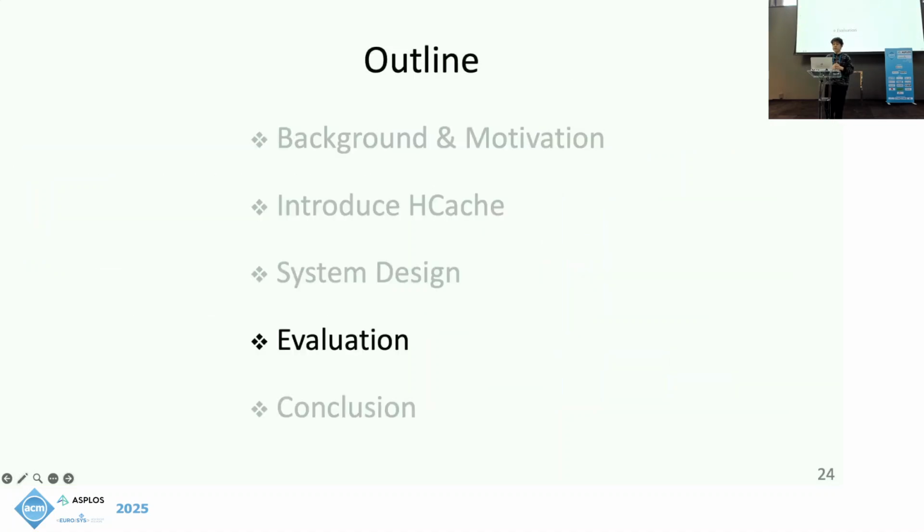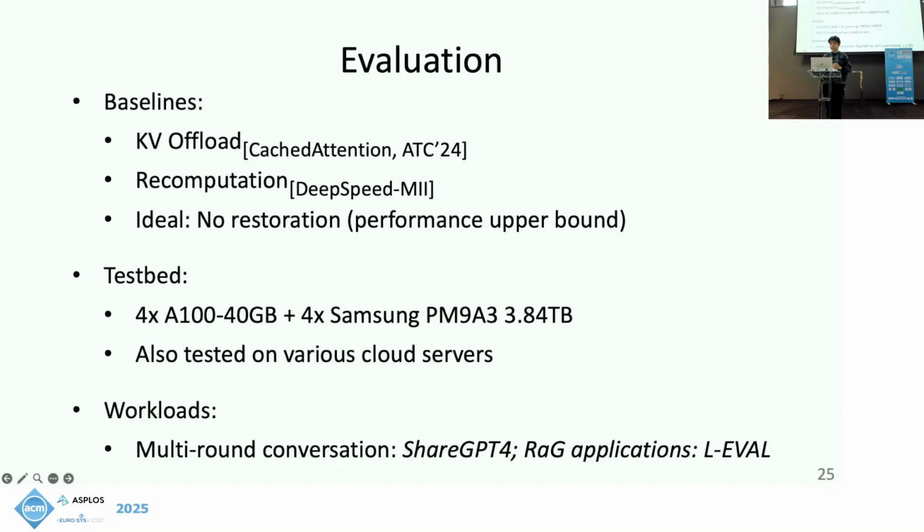Okay, I've finished the introduction of the major system design and will move on to the evaluation. The setup of our evaluation is as follows. We compare our system to 3 main alternatives: KV offload, recomputation, and the ideal baseline.